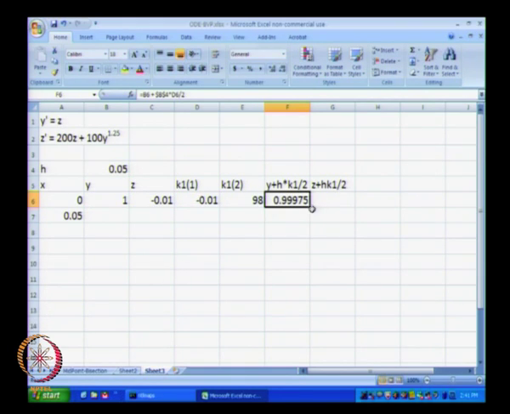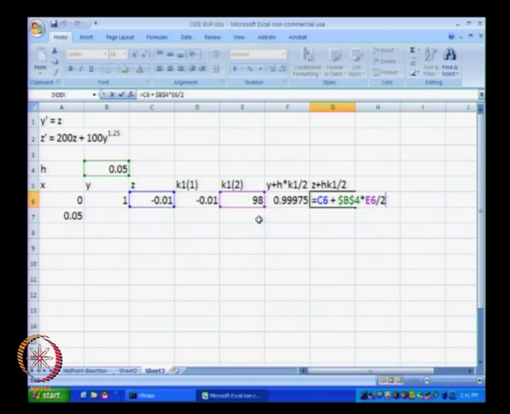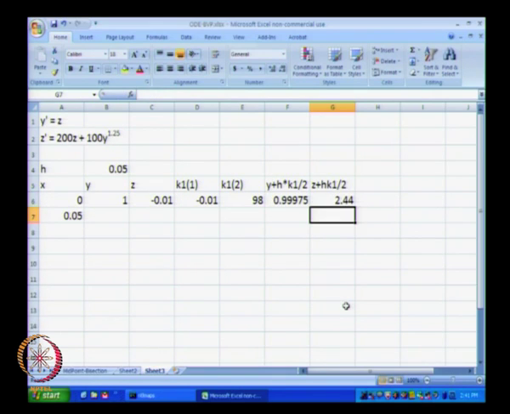And this I can just drag to z plus h k1 by 2, and I will press F2 to check that it is indeed z, so C6 plus h multiplied by k12 divided by 2. Remember, it is not the whole thing that is divided by 2, but only the h multiplied by k1 is going to be divided by 2. So, this is indeed the correct formula.